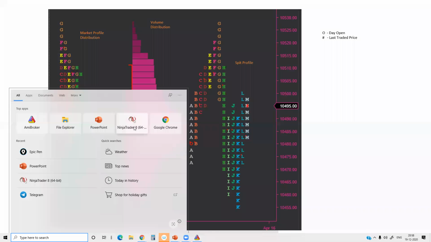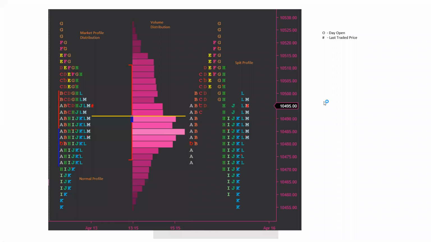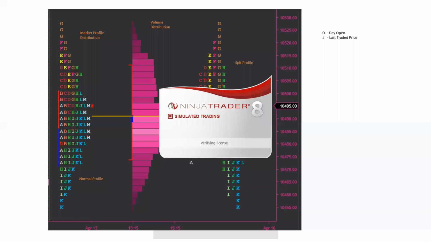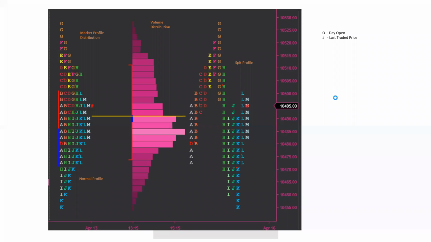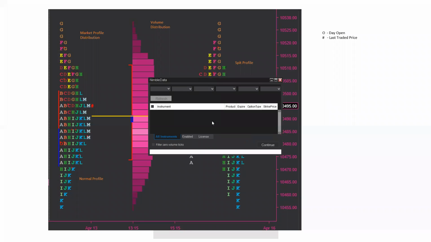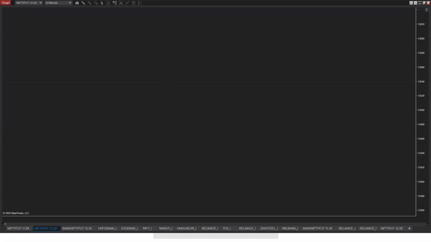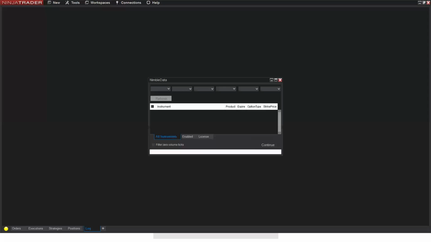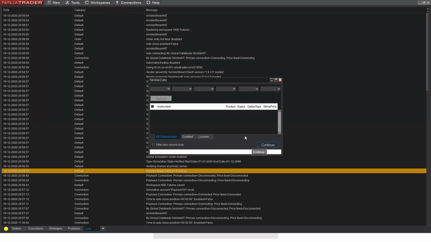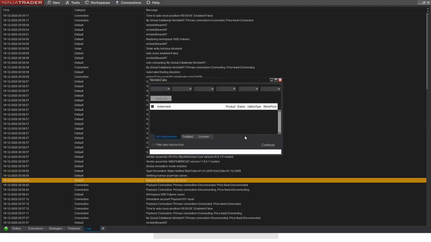So let me pull up Ninja here. Along with that, my data manager Nimble Data also opens up. Let me click on continue. So automatically it got connected and my charts get loaded immediately.